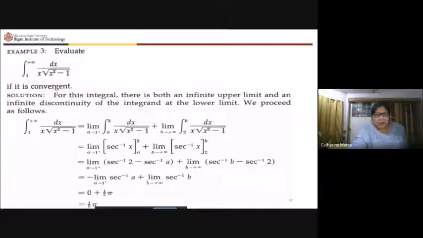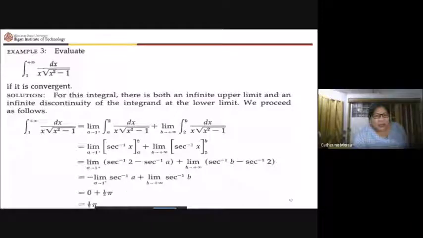Example 3 here is this one, square root of x squared minus 1. You remember again yung this is a topic on atong naatay second, pag x squared minus 1, you can replace that with u squared minus 1.